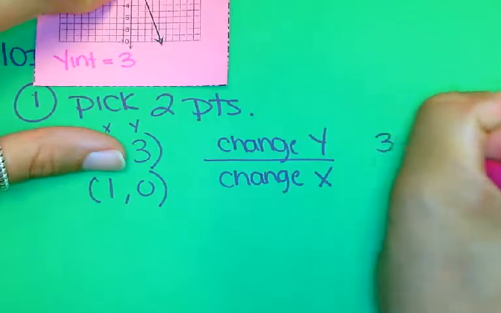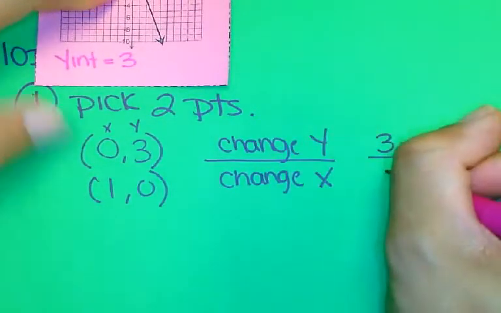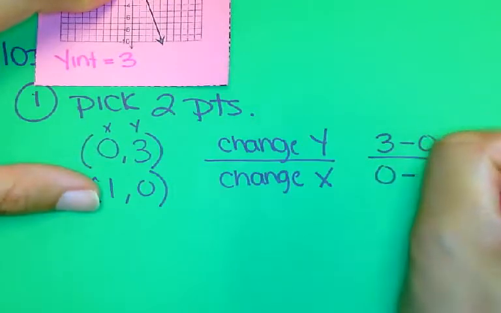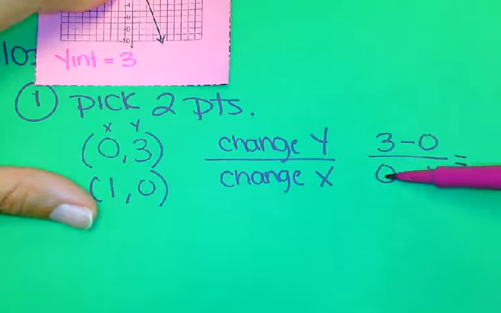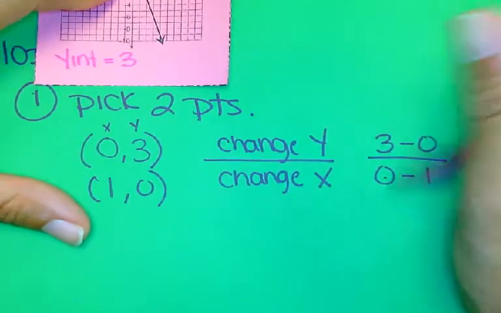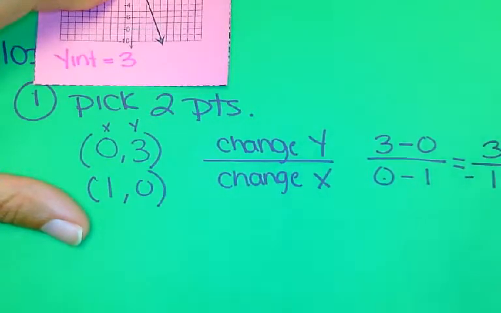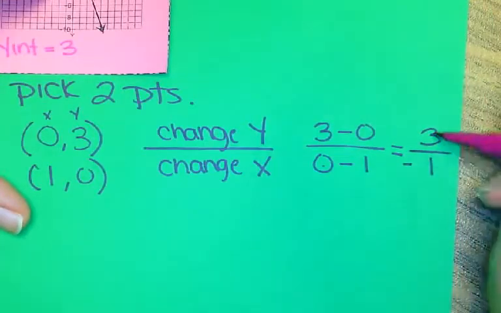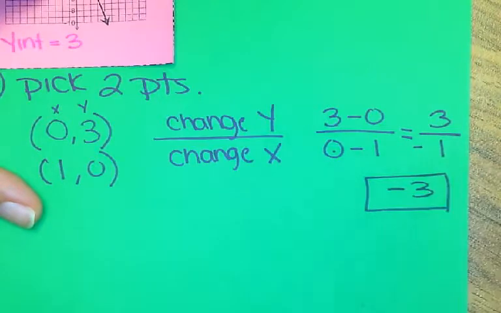I say, okay, 3 minus 0 over change in x, subtract our x's, 0 minus 1. Make sure whenever you do this, the 3 and the 0, those 2 are together, and the 0 and the 1, those 2 are together. So you got to make sure you line them up the same, okay? 3 minus 0 is just 3. 0 minus 1 is negative 1. Now we say, okay, well, what's 3 divided by negative 1? Oh, negative 3. So negative 3 is my slope.